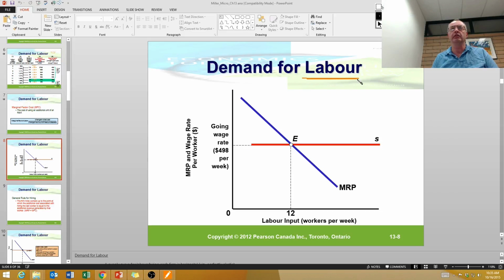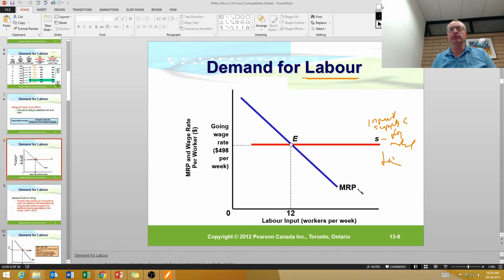We're assuming that the labor market is perfectly competitive. So that means that the input supply curve for the individual firm is horizontal. It's perfectly elastic.